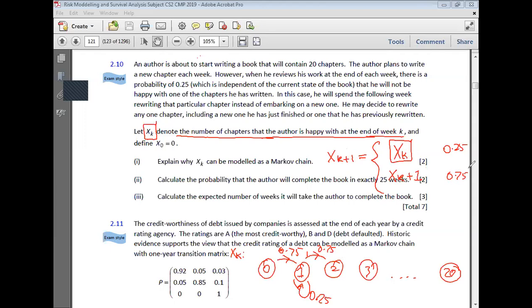So you can say that the probabilities and the values that xk plus 1 will take depend only on the value of xk. So once you know xk, you can easily determine xk plus 1. You do not need xk minus 1 and the previous information about the chain, right? So that is why you can model this as a Markov chain.